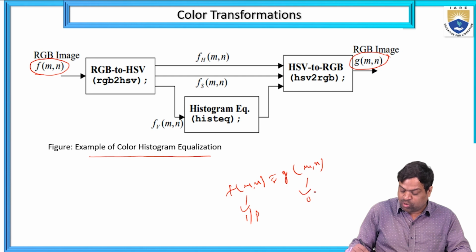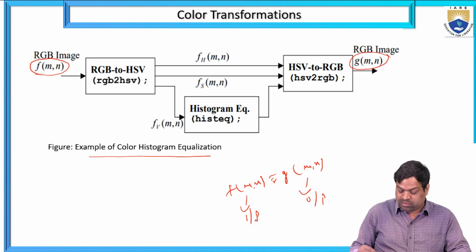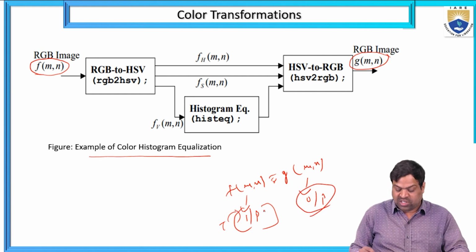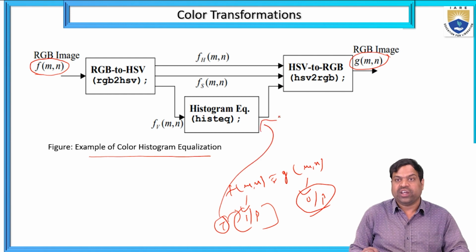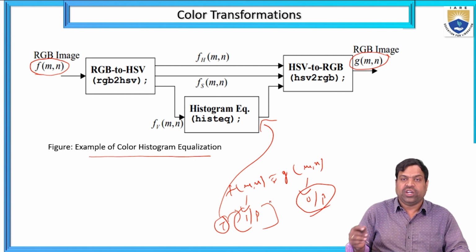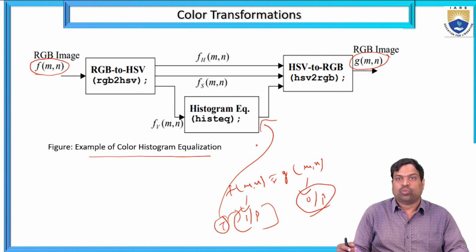Input is converted to the output, but only when I apply the transformation technique to the input image will I get the output image. Here the transformation technique is nothing but the histogram technique. I apply the histogram technique to the input image, and then only I get the output image.